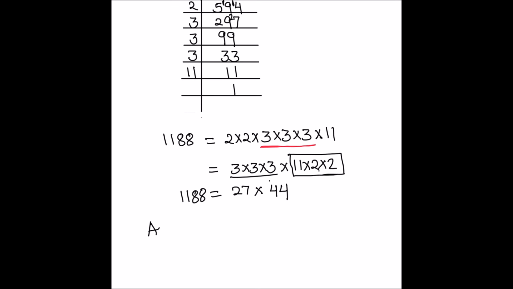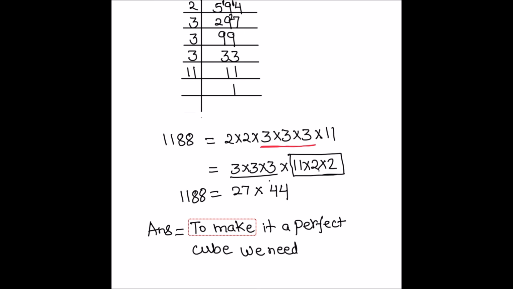So answer will be, to make it a perfect cube, we need to divide it by 44. Because only 3 is in the triplet, so we'll just leave 3 and we'll divide by the multiple of all the numbers which are not in triplets. So this is going to be our final answer.